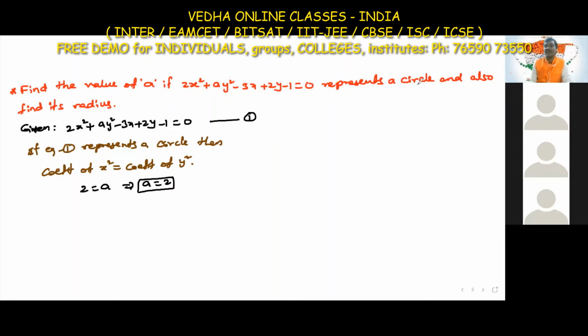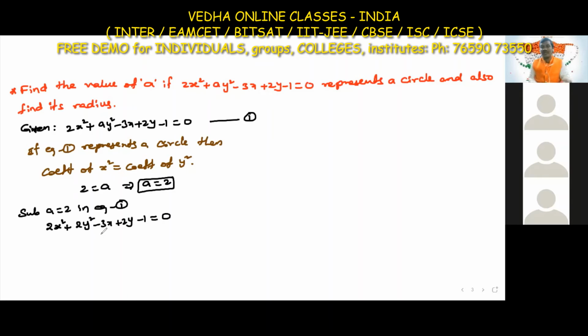He asked for the a value, and we got the a value. After getting the a value, substitute a is equal to 2 in equation 1. Substituting, 2x square plus ay square means 2y square, minus 3x plus 2y minus 1 equal to 0.